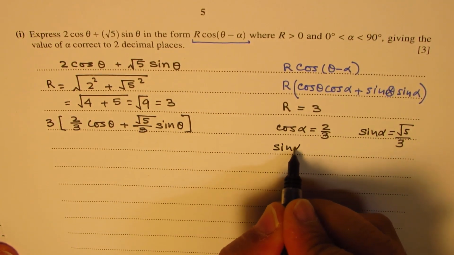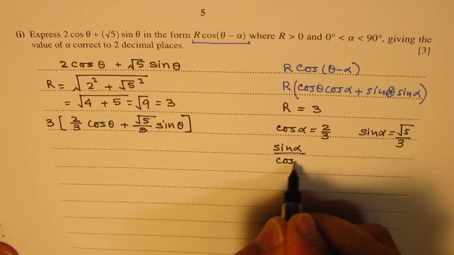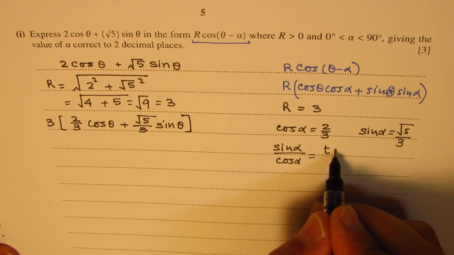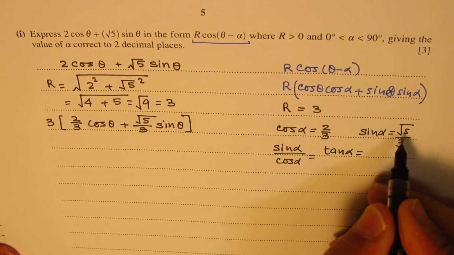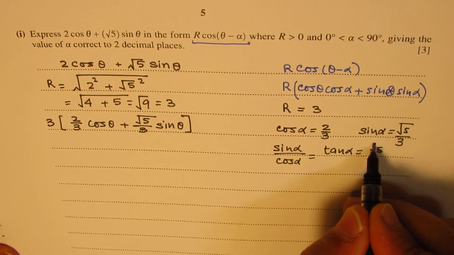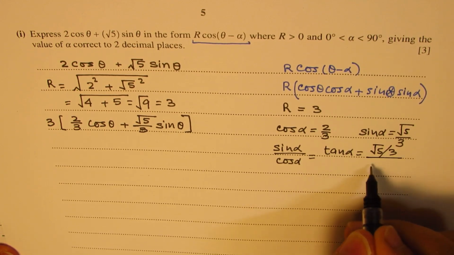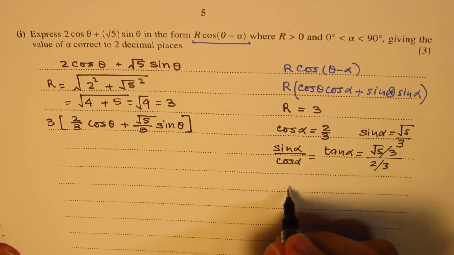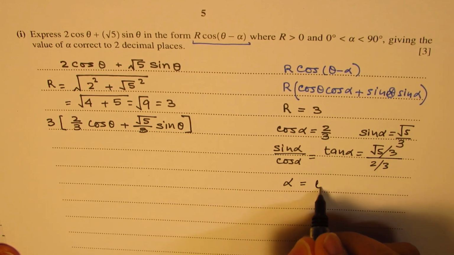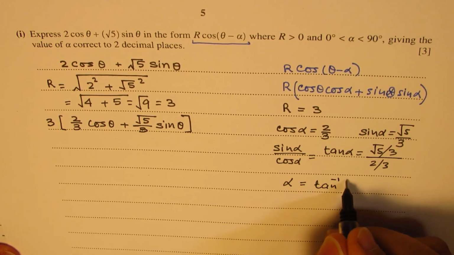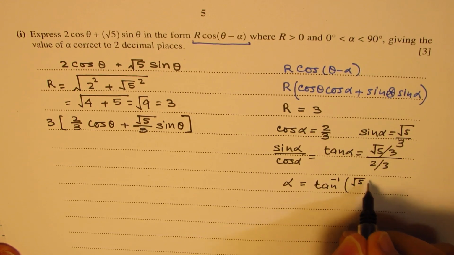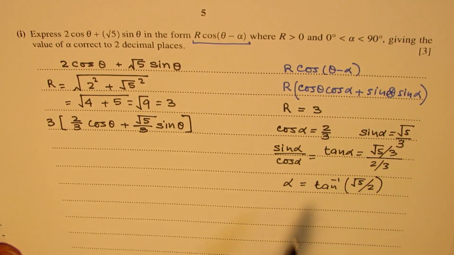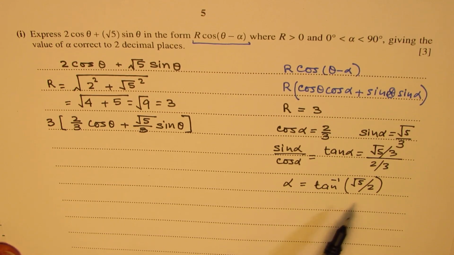That is, sin alpha by cos alpha is tan alpha, which will be equal to square root 5 over 3 divided by 2 over 3. That is square root 5 over 2. So we get alpha as tan inverse of square root 5 over 2, correct? That is how we can get the value of alpha.